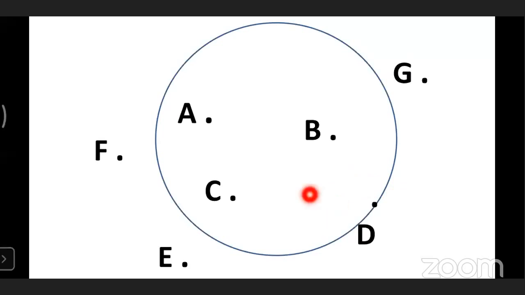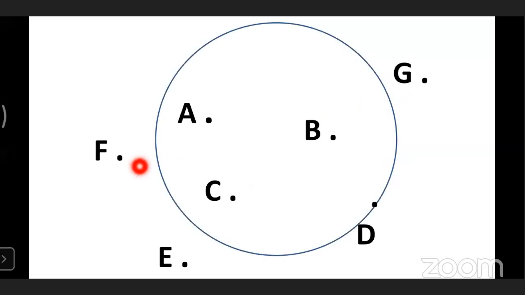Now observe one more point. Point D. That is on the circle. Yes, sorry, that is on the boundary. That is not inside, that is not outside, that is on the boundary. So point D is on the circle, right? So point A, point B, and point C are the interior points.